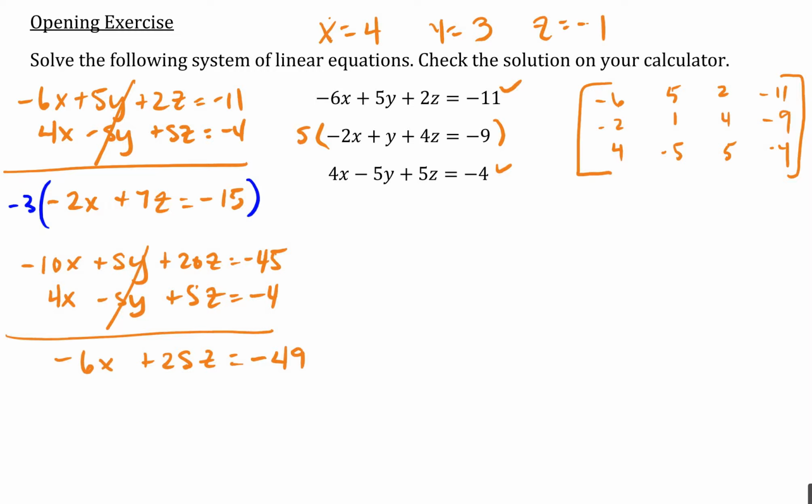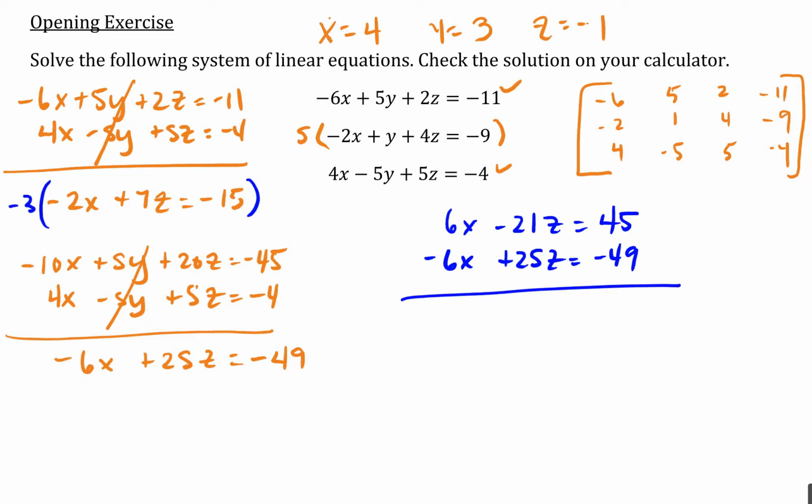So I'd get the two equations, 6x minus 21z, watch your signs, equals 45, and -6x plus 25z equals -49. The 6x's cancel. I'm left with 4z equals -4, or z equals -1, which is what I found on my calculator, so I'm on my way to the right solution.